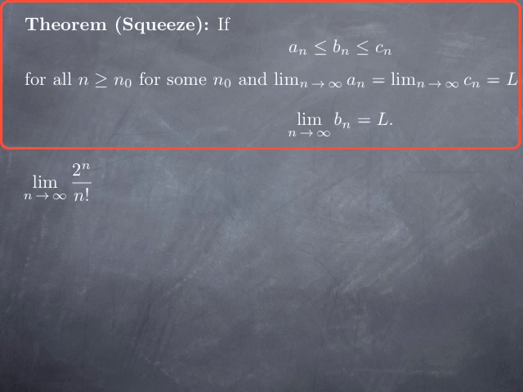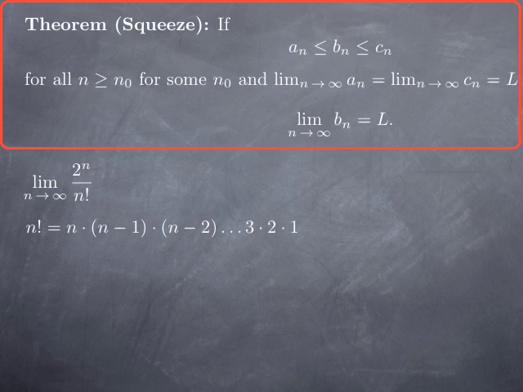One last example, we're looking at the limit at infinity of 2 to the n divided by n factorial. So 2 to the n goes to infinity quickly. N factorial does as well. If you don't remember what n factorial is, n with an exclamation point, this is simply the product of the first n consecutive terms in the natural numbers.